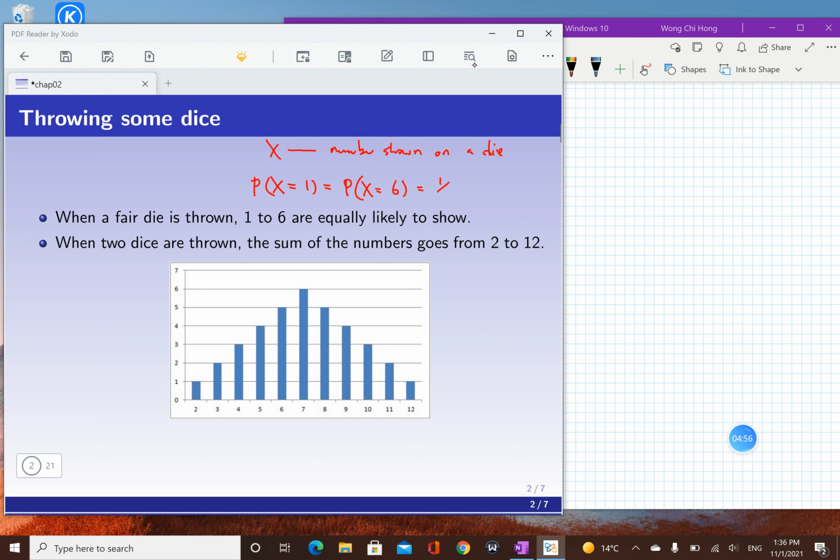It'll be just 1/6, equally likely to show.